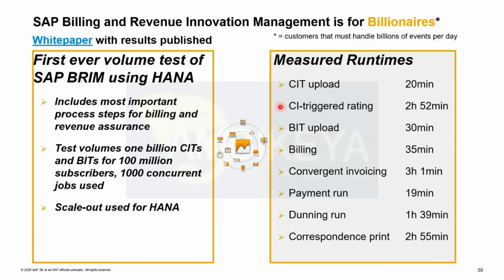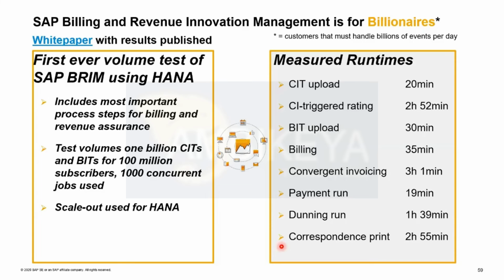Convergent invoicing and correspondence print around 3 hours each. The total runtime was approximately 13 hours. So for this test, HANA was used in a scale-out scenario. That means the database is distributed over several servers, 6 in this case.